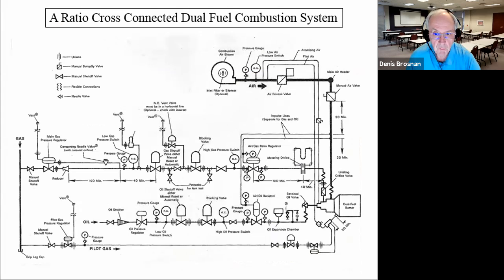I've shown you the diagram before, and this is a dual fuel system. It's North American's diagram of the air supply, and you can see the air supply going over here through a curtain valve or high capacity valve. And down here, we're taking off air pulses, pressure pulses, going to the ratio regulator for the gas system or the ratio regulator for the oil system.